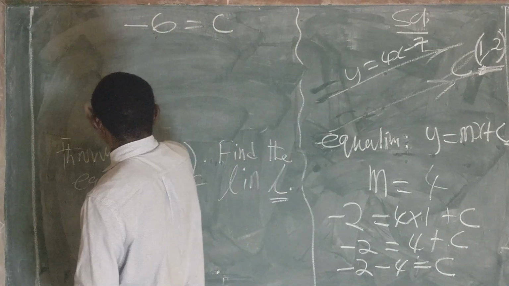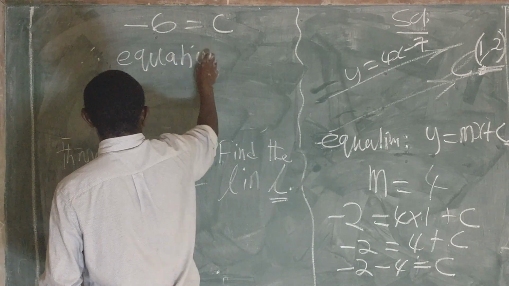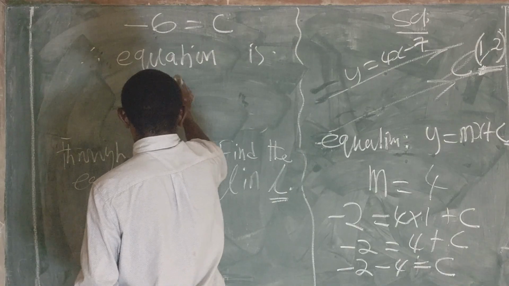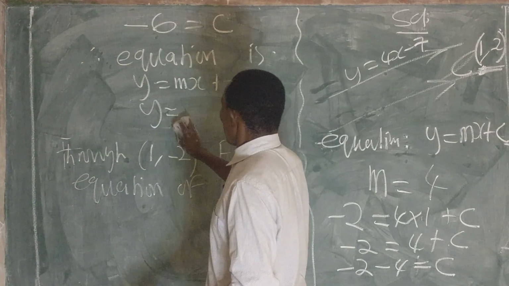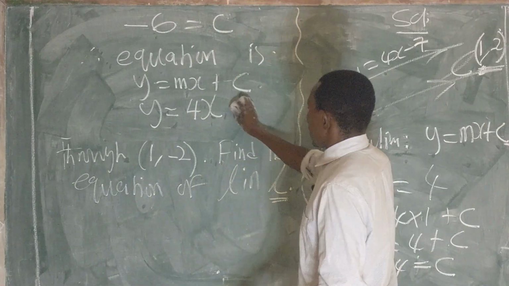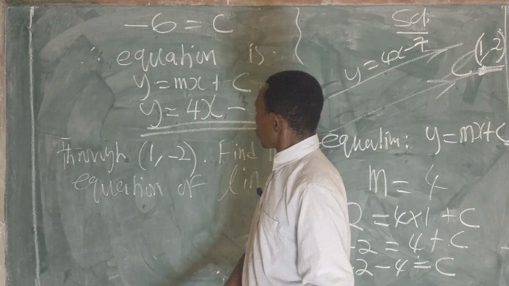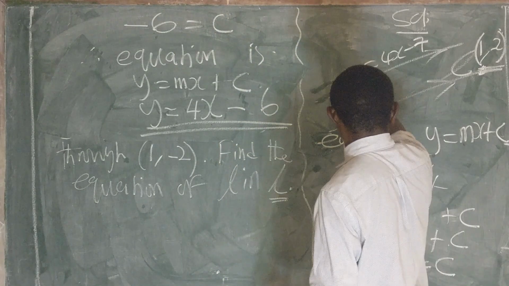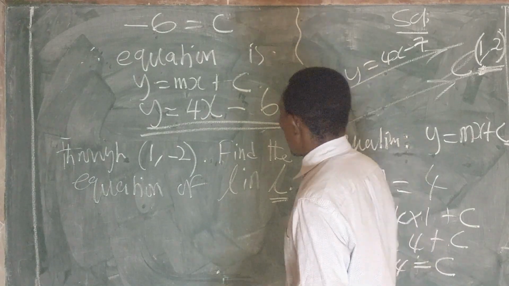Then at the end, I conclude that the equation is y is equal to mx plus c. The y comes in, m is 4 multiplied by x, for c I write -6. So the line y is equal to 4x minus 6 is the line that is parallel to y is equal to 4x minus 7.